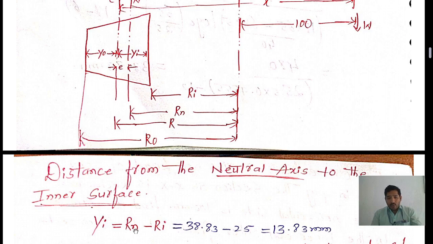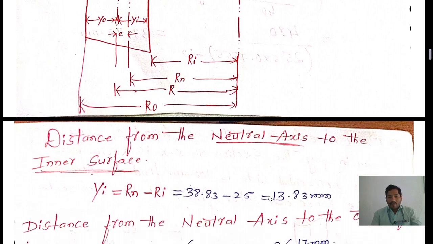The radius of the neutral axis is 38.83, minus the inner radius, which is 25. If you subtract, you will get 13.83 mm.